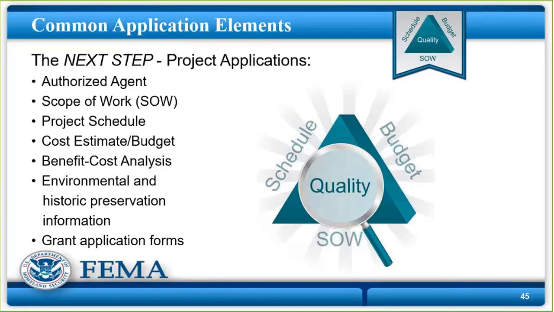And then the actual grant application forms, which are in eGrants. I'll take a moment right here because I'm not sure I mentioned this later. Here's what we recommend: get a blank grant application form, download it out of eGrants, or download it from the FEMA.gov website for eGrants, which is all included in the resource links at the end.